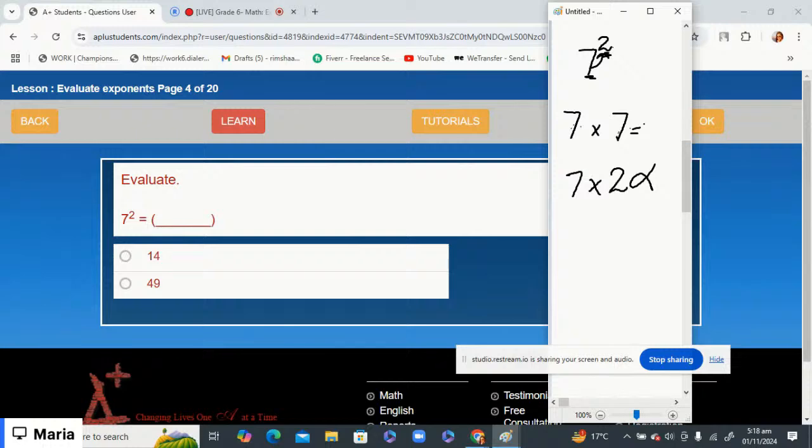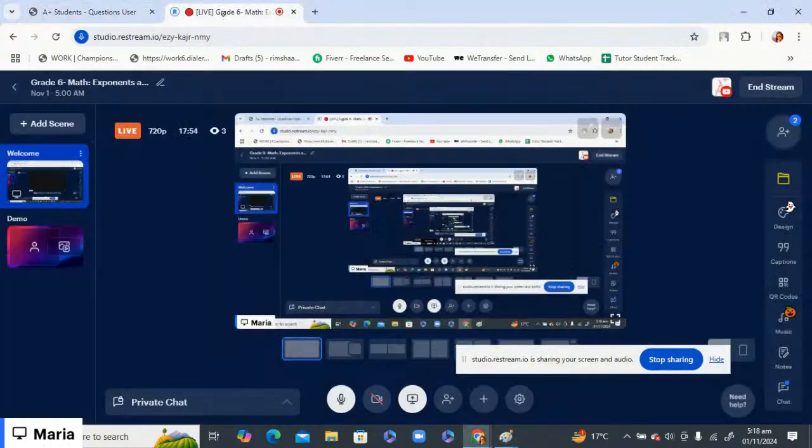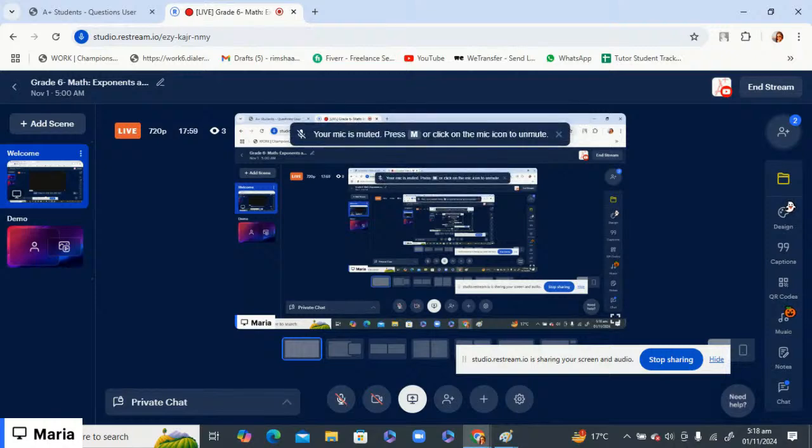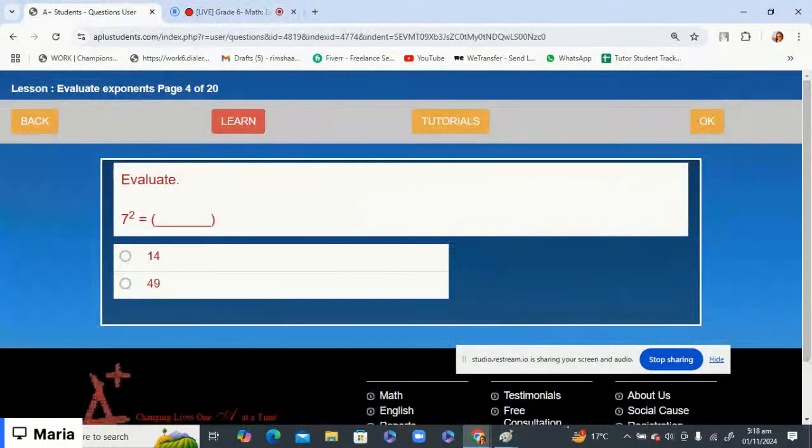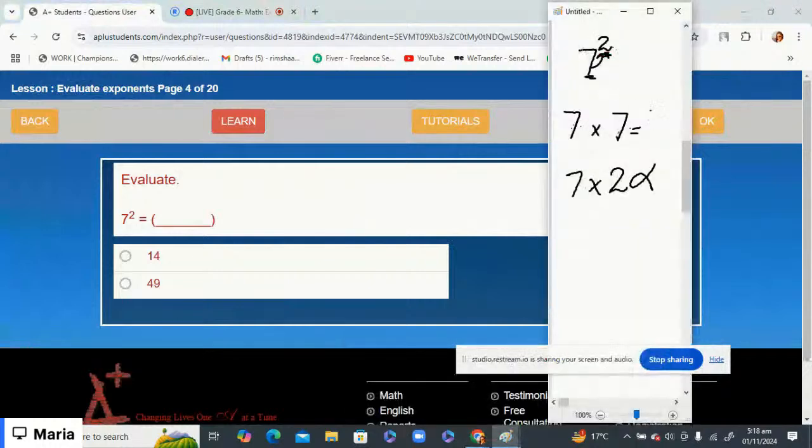So now when we see, 7 times 7 is 49. But when you repeat the mistake of 7 times 2, that is 14. So both answers are available here. Which answer is the right answer? 7 times 7 or 7 times 2?